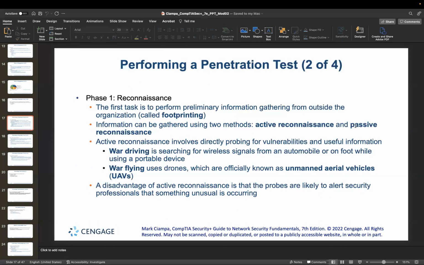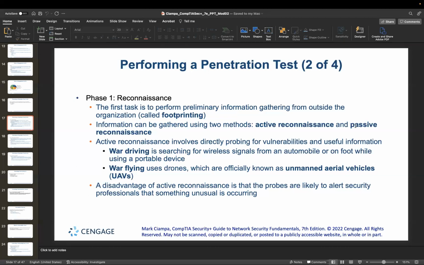You can ride in your car around the neighborhood with Kali Linux, with the interface in monitoring mode, and basically find these vulnerable ones. So the disadvantage of active recon is that when you're probing, you may alert the security professionals. If you start flying your drone over, I don't know, a branch of company X, security professionals are going to be suspicious.